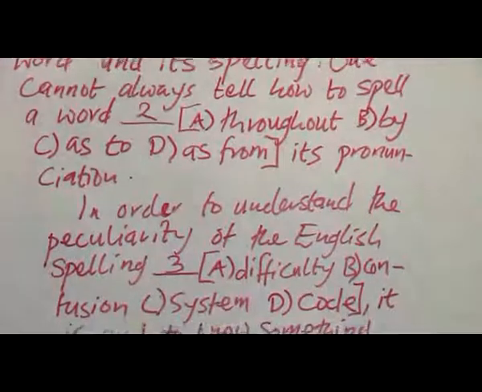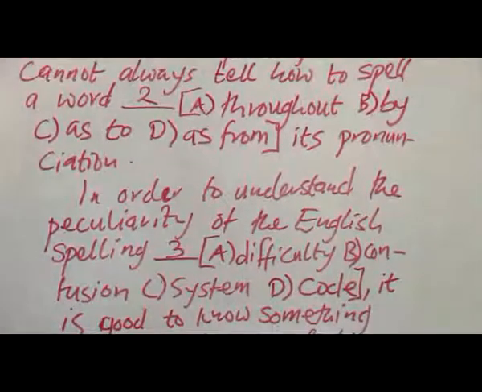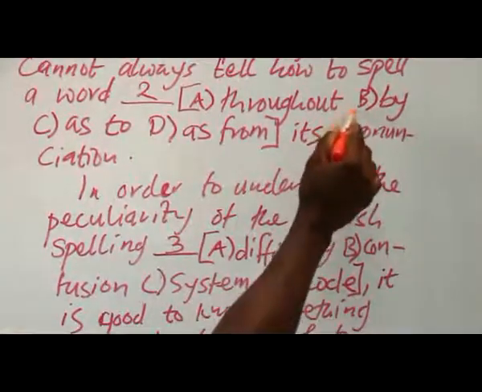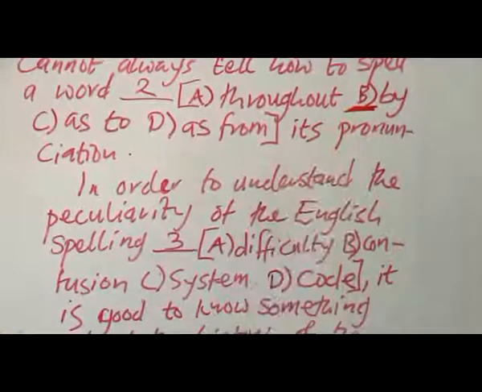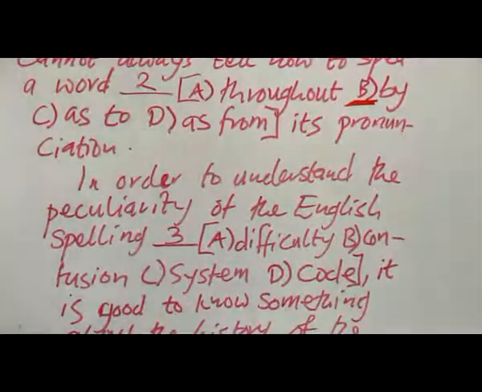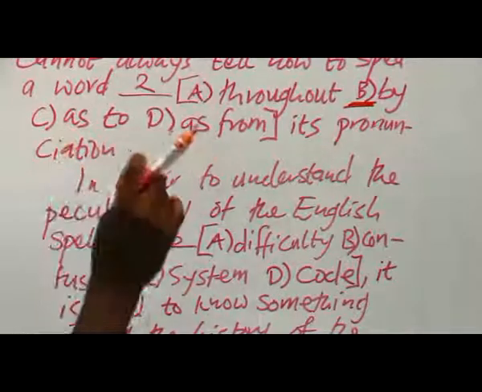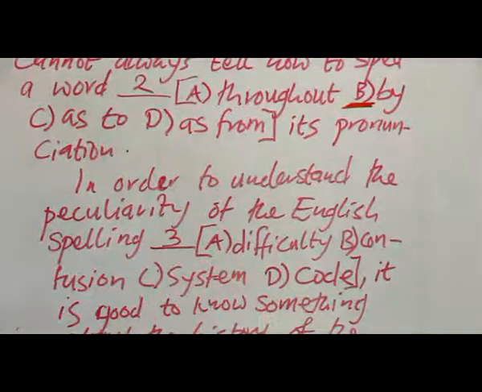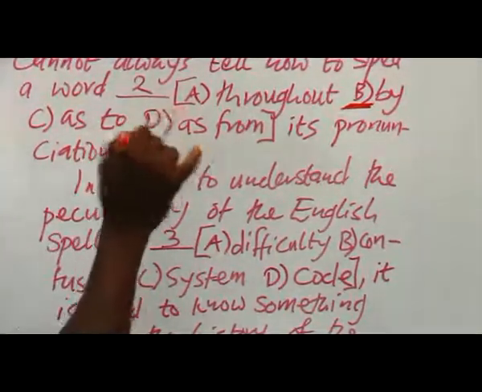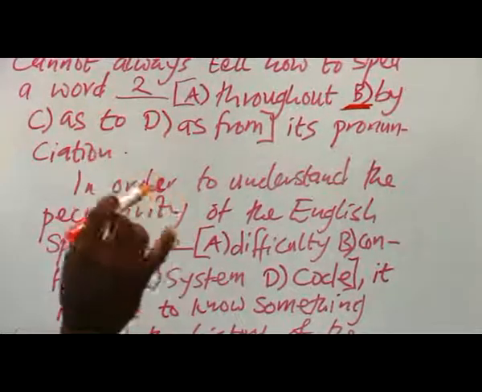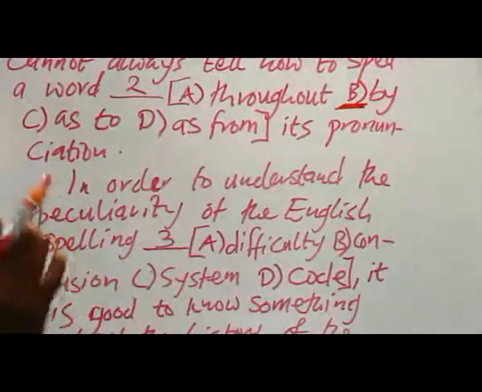Spell a word by its pronunciation. We can pick that in the light of the options we have. Or spell a word as to its pronunciation. No, that is outrightly wrong. Then we'll look at D. Spell a word as from its pronunciation. This is wrong.